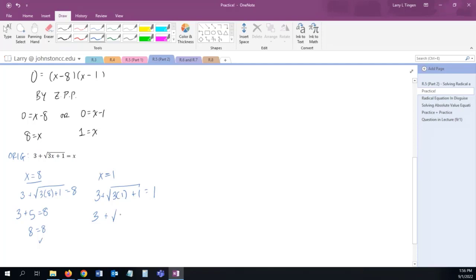So what do I have? This is 3 times 1 is 3 plus 1 is 4. 3 plus 2 equals 1, so 5 equals 1. Nope. So my solution set contains 8.